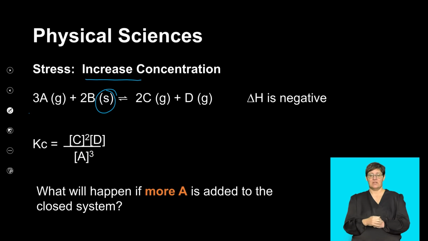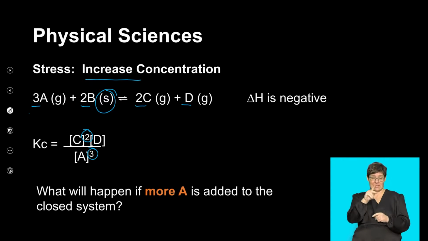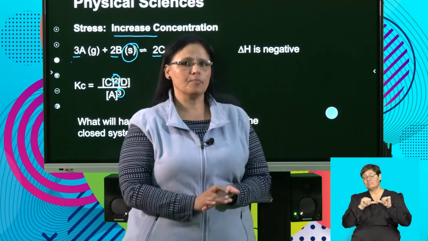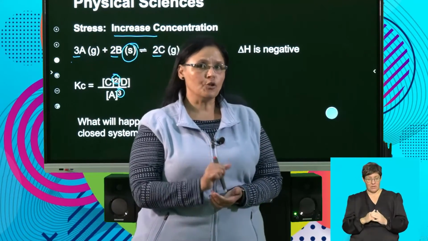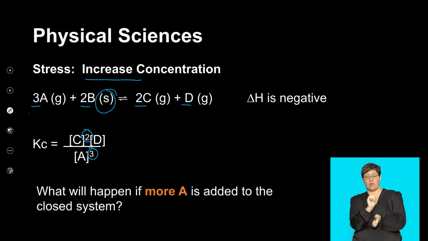Then I've got 2C that's forming and 1D that's forming. I just want to remind you that these coefficients become our exponents in Kc. And I want to remind you again that when we work on the Kc, the equilibrium constant, we do not use liquid and solid as part of our expression.